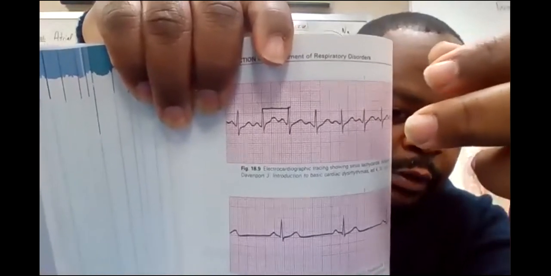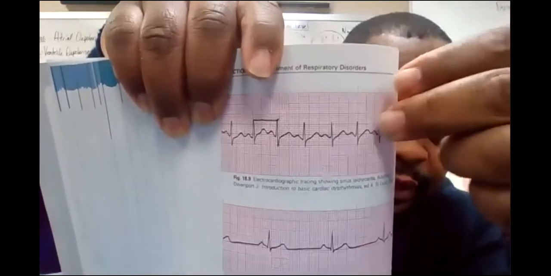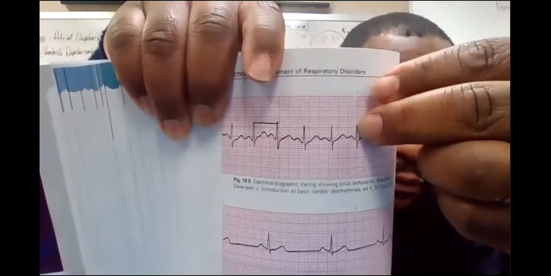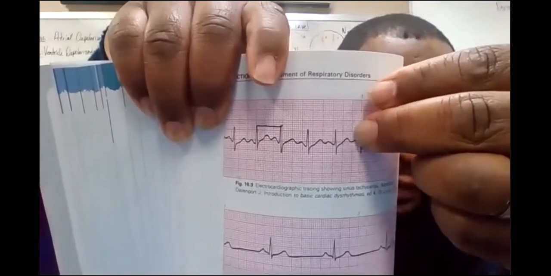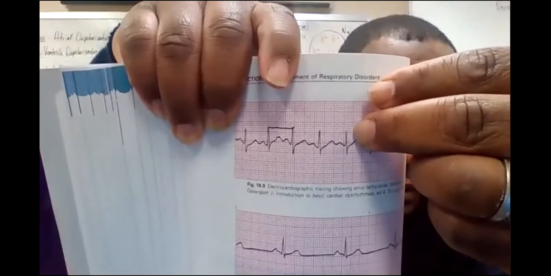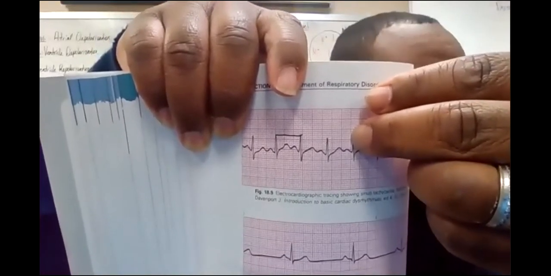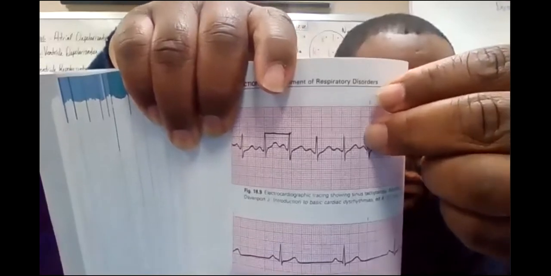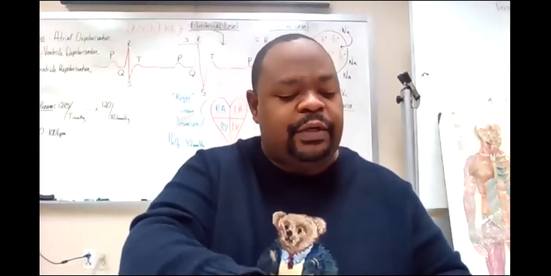Okay, Kayla. So let's look from this R to this R. This one happens to fall right on it, but sometimes they don't. So let's count. 1 large box, 2 large boxes, almost 3 large boxes, but a little bit less than 3 large boxes, right? So we know it is 1, 2, almost 3. So let's just say if it's almost 3, then what would the rate be for 3 large boxes?